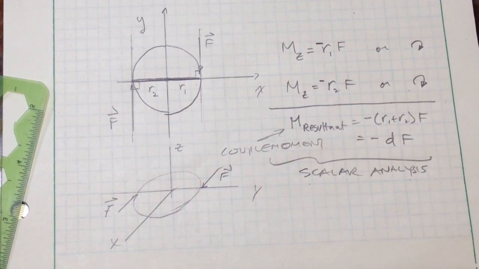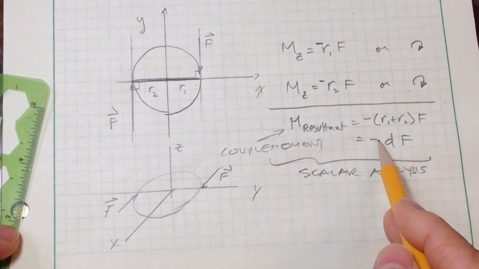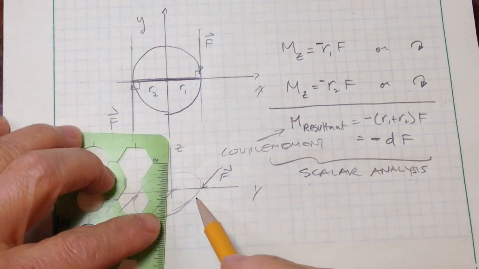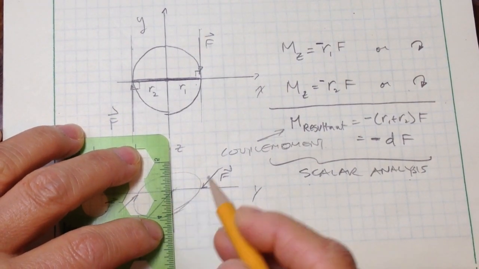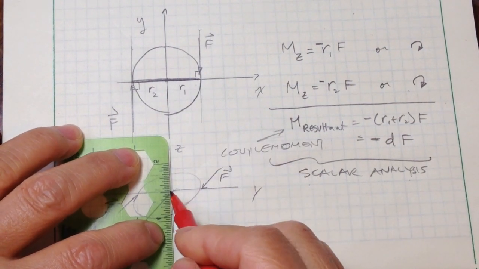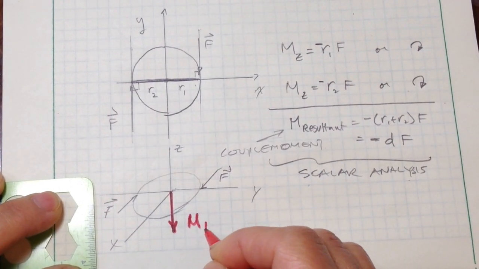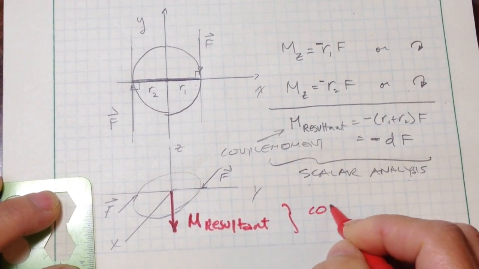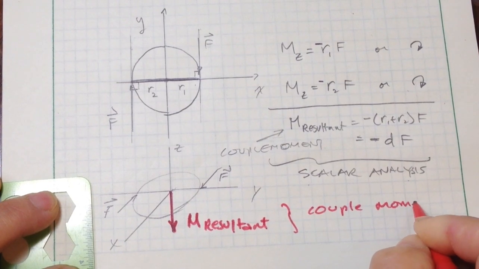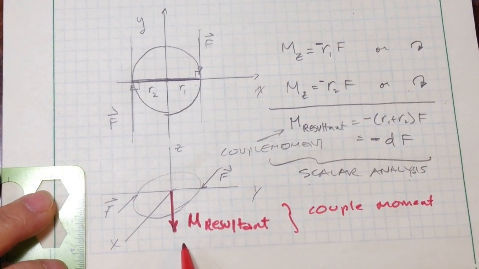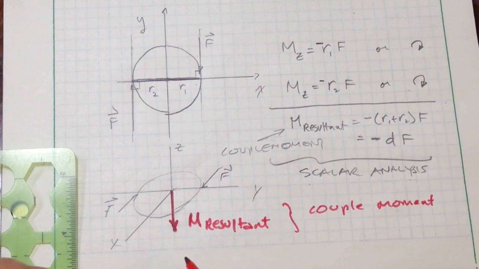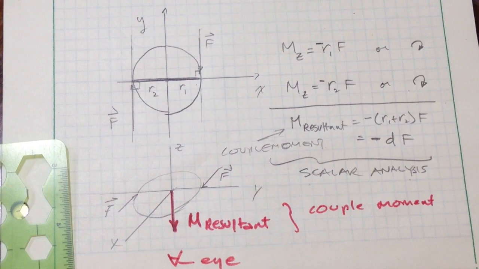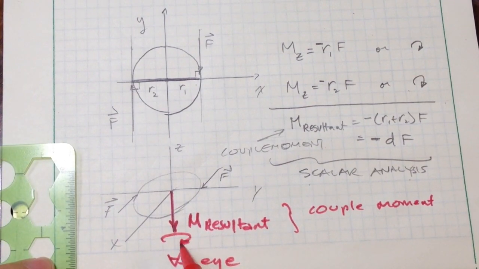Those two make up the couple. This couple moment is in the negative direction, meaning it's pointing downwards into the negative z direction. So I would have this moment resultant. Okay, this is my couple moment, and it is going in the negative z direction. So if I'm looking at it, that's my eye, right? It would be going in that direction.